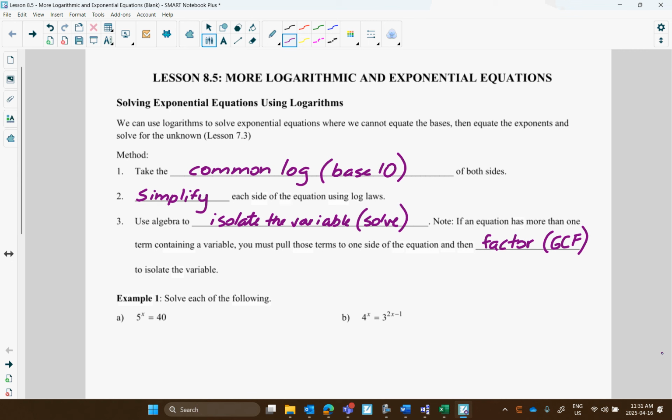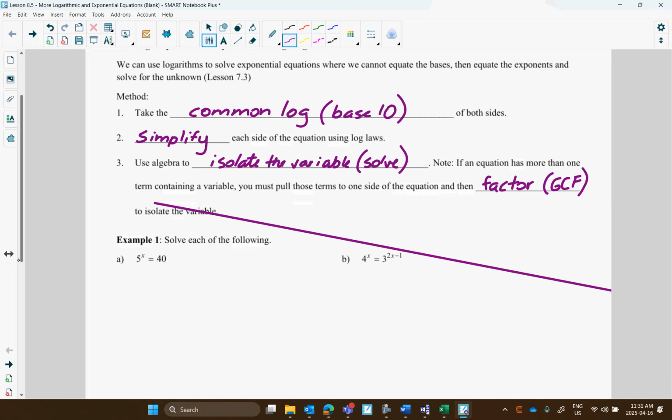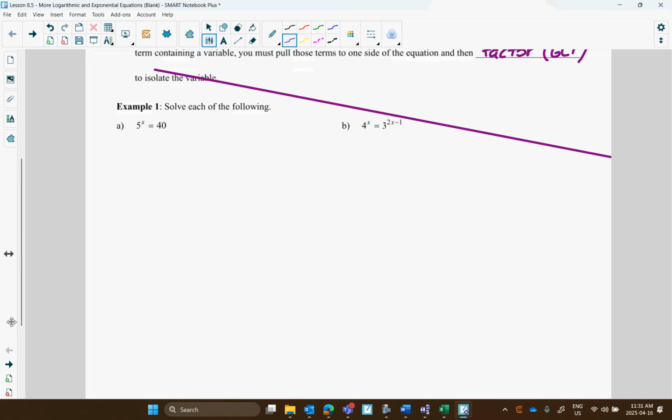So remember, when you see these things, first take a look to see if you can make the bases the same, because if you can, it becomes a much easier equation. But in this one, no, I can't make 40 into base 5. So the first thing I'm going to do is log both sides.